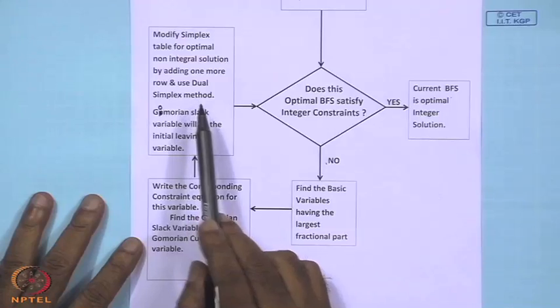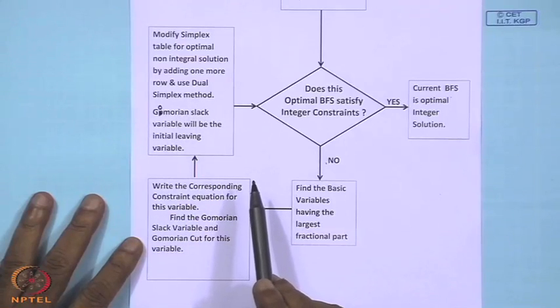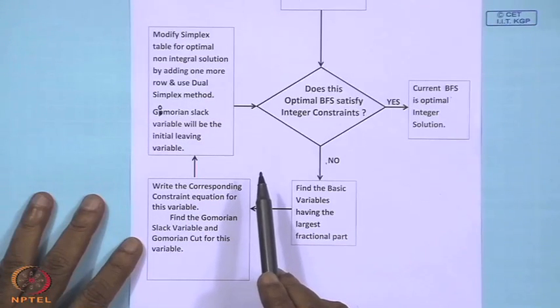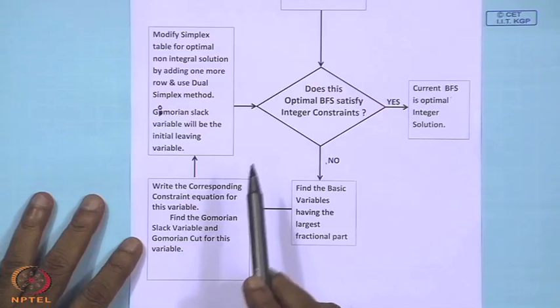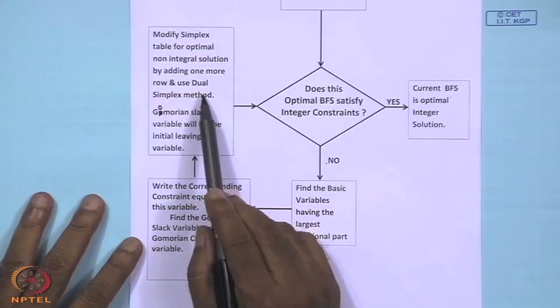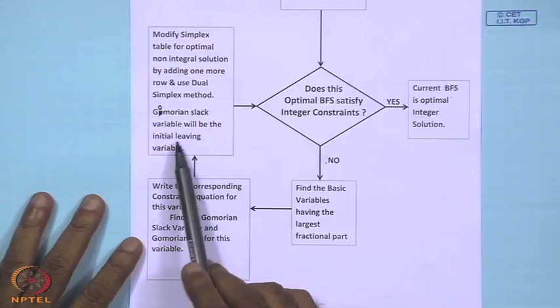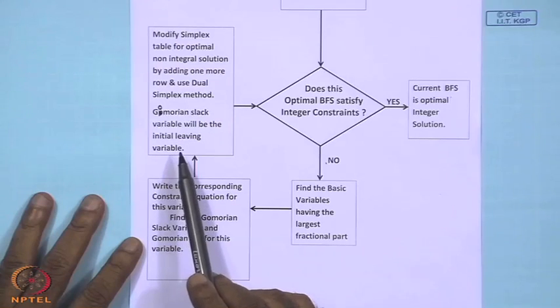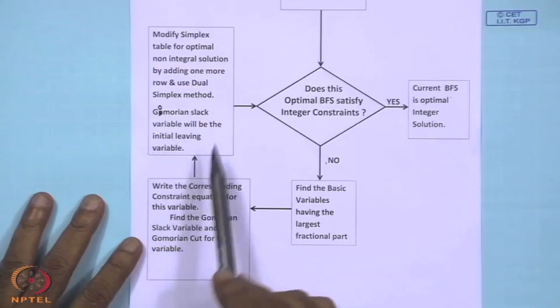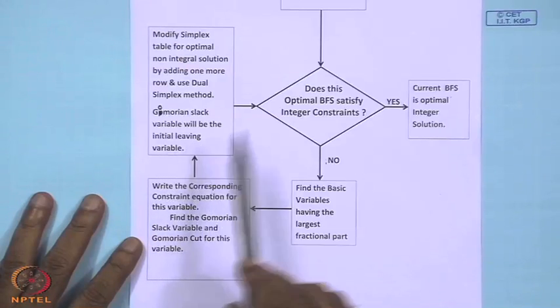As I told you, you add equation 3 as one row and use the dual simplex method, because the value will be negative. The Gomory slack variable will be the initial leaving variable; automatically it will come because that will have the largest negative value.